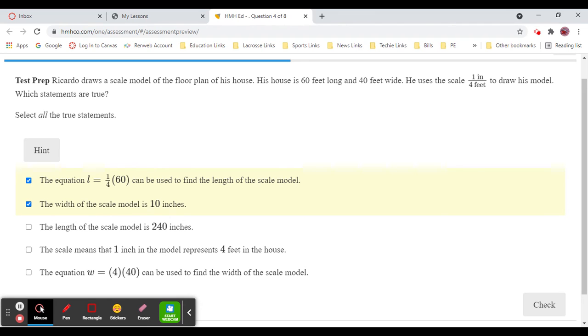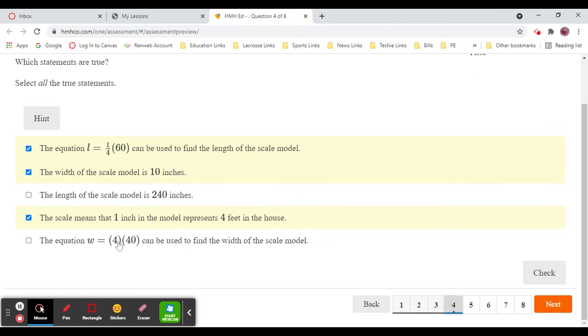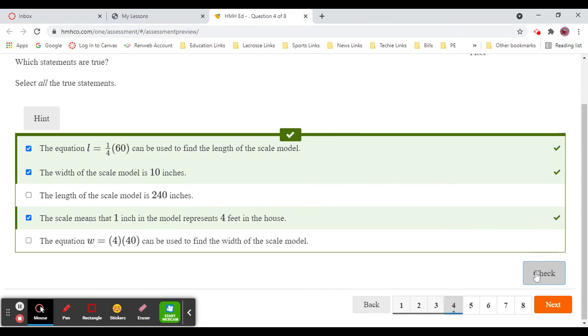The scale 1 inch represents 4 feet. Yeah, 1 inch is 4 feet. Yep. And the width, 4 multiplied by 40 can find the width. No, that's not going to give it to me either. There's my 3 correct answers. Okay.